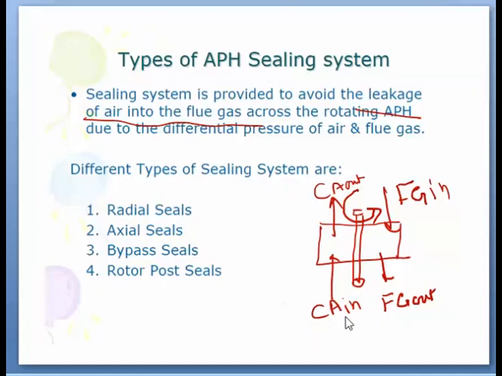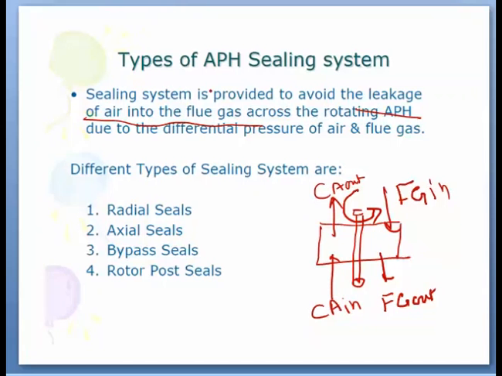In general, the airflow has a higher pressure level in comparison with the gas stream. So here is higher pressure in this area, and this is the lower pressure zone in comparison with the cold air path.